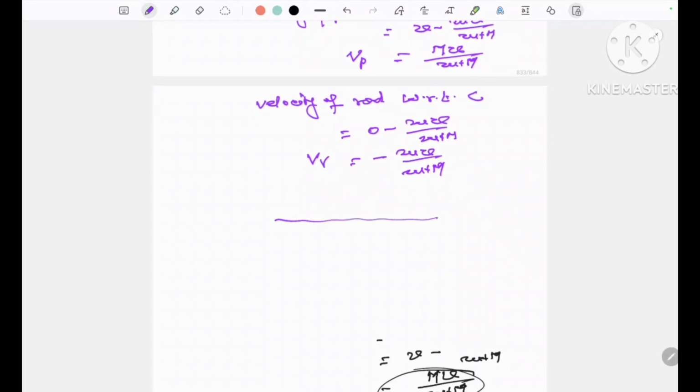We have a rod AB with center O and C. The velocity of the particle is Vp in this direction and that of O is Vr. This is x, this is x1.